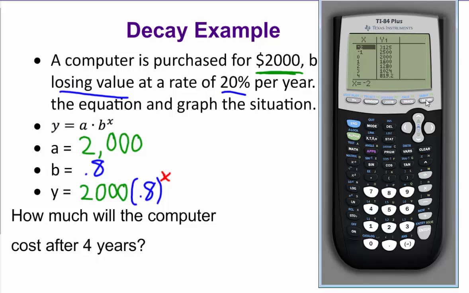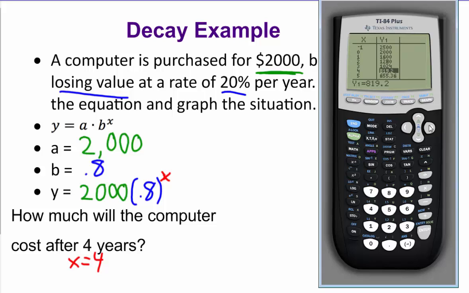And we want to know how much the computer will cost after 4 years. So that means when x is equal to 4. That's what this is meaning. So I will make a little note right there for you. So we're going to go down to where x equals 4. Whoops, there it is. And go over. And it says 819.2.